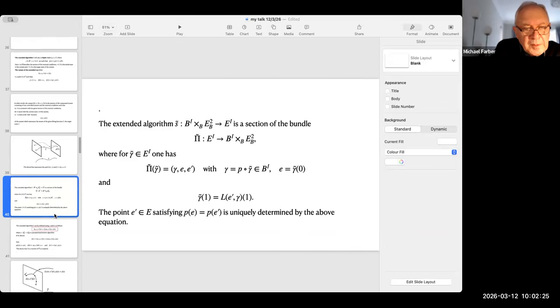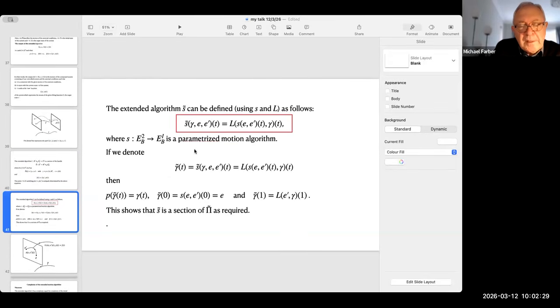What is important here, and this is just repetition of what I said before, is that in this formula we see L and S. It uses the parametrized algorithm and the lifting function, and it gives us a way of controlling our system under variable external conditions, assuming that we know in advance how this gamma will move.